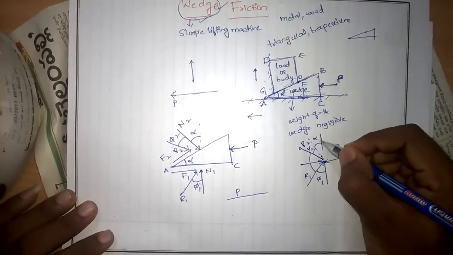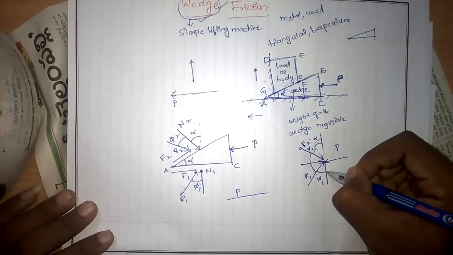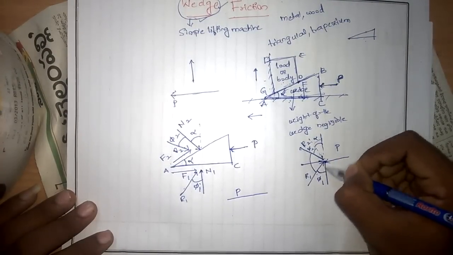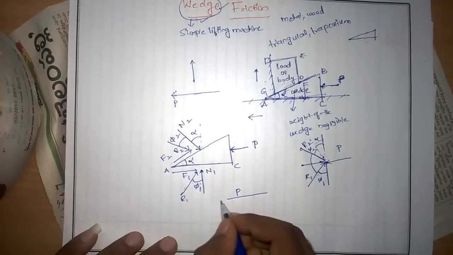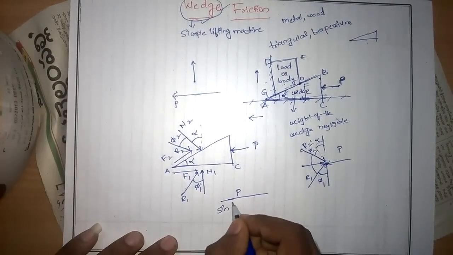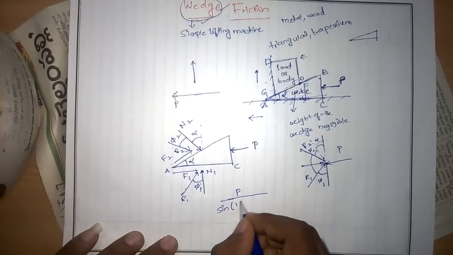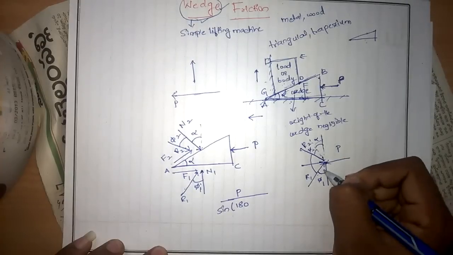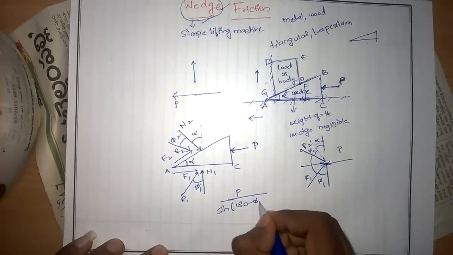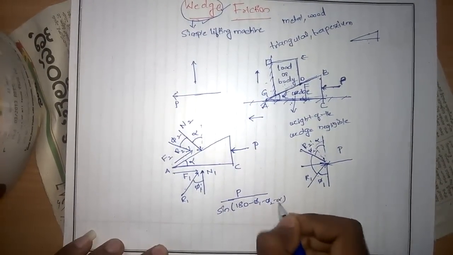The total angle is 180 degrees, and if we subtract these two angles, we get the angle between the other two forces. That is, P by sine of 180 minus phi 2 minus alpha minus phi 1.